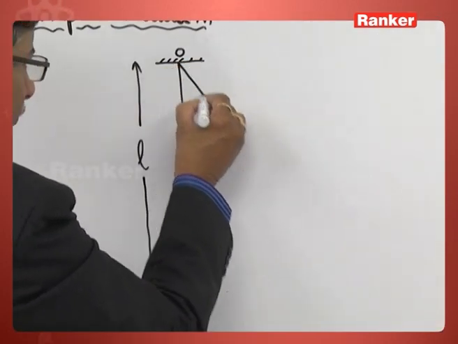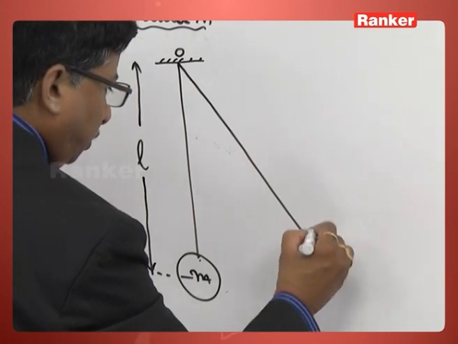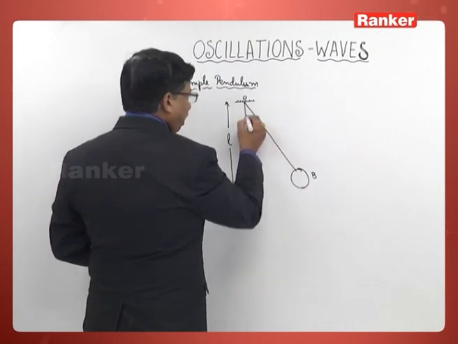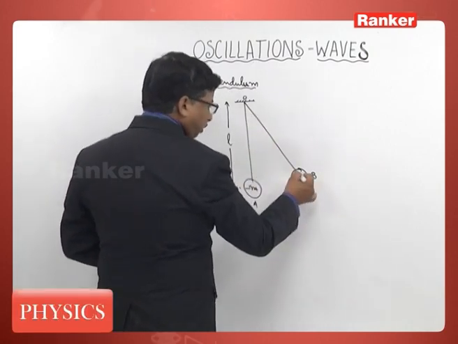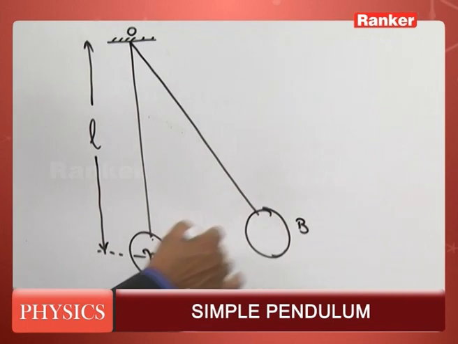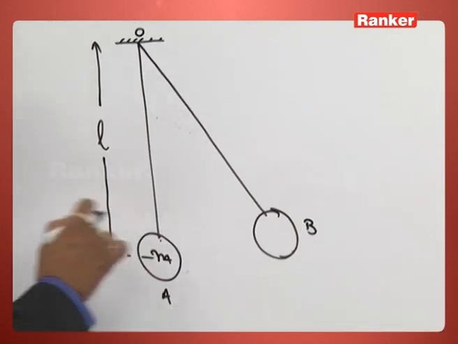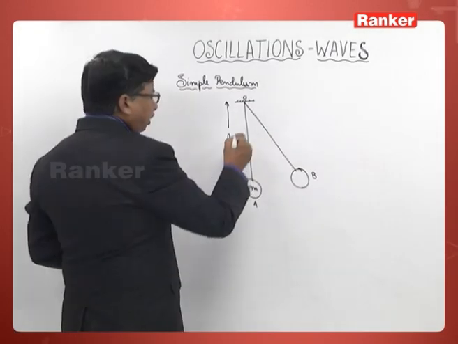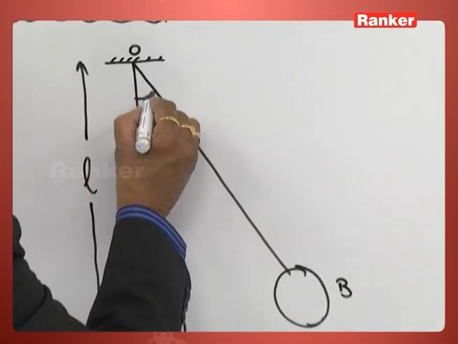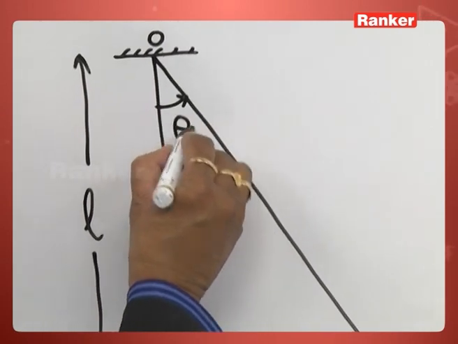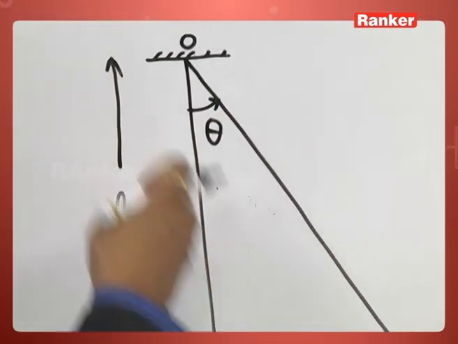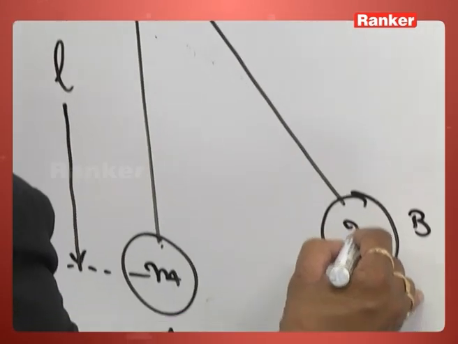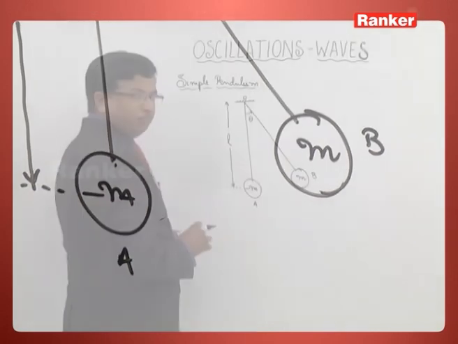It is brought aside to a point, say B, from this point A, and it is now left so that it oscillates simple harmonically to and fro with respect to the mean position of rest, that is A. Let us once again consider the angle the string is making with the vertical, that is taken as theta, and its mass remains m only.